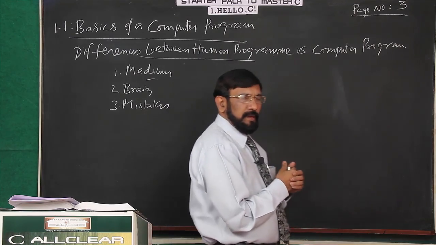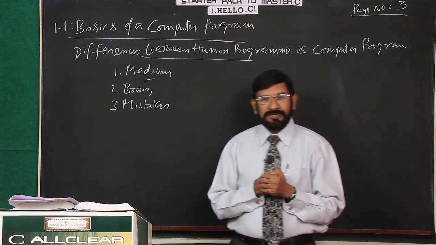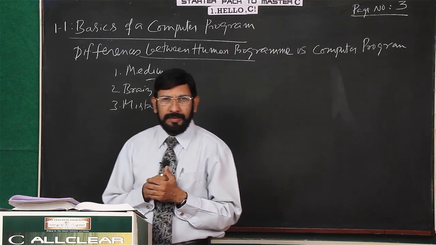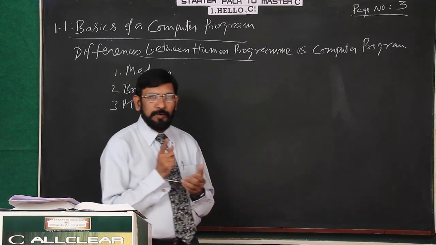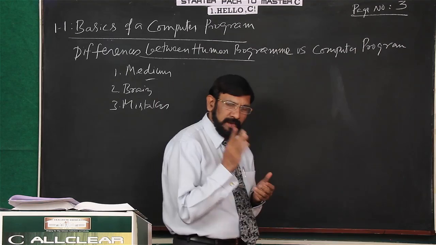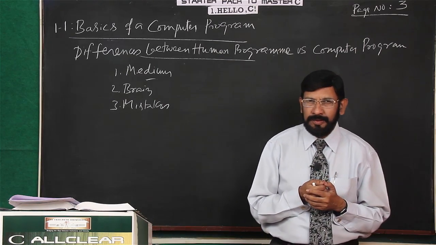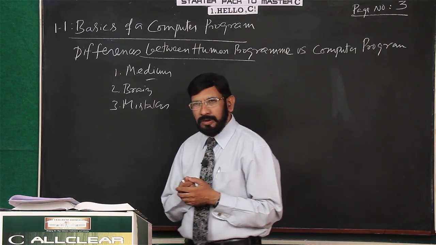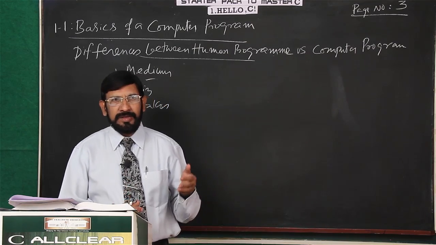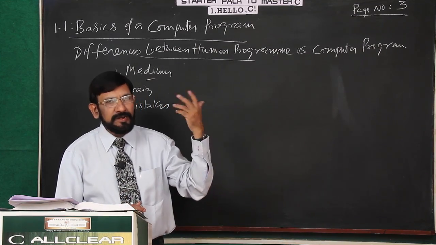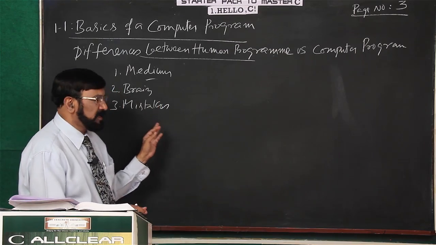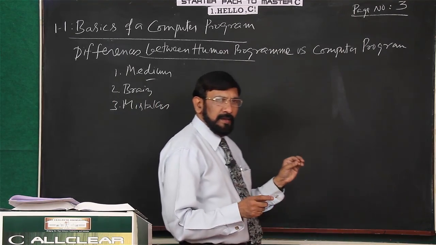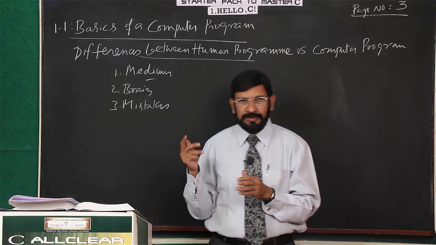If you commit any mistake, your assistant may correct it. But in the case of a computer, if you give any wrong, erroneous instruction to the computer, the computer may not implement it. Otherwise, it may implement it wrongly. Understand? Your assistant, instead of Karur Vysya Bank, you may tell ING Vysya Bank.